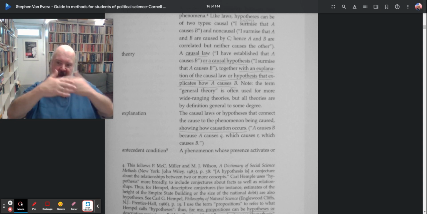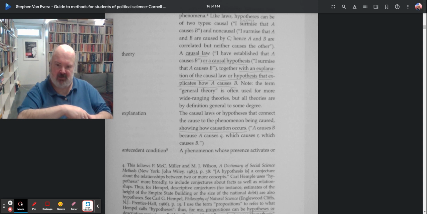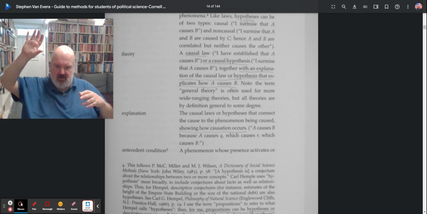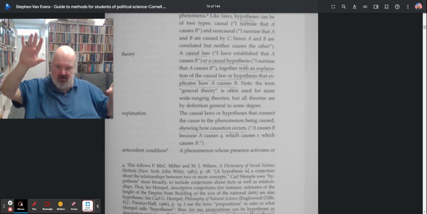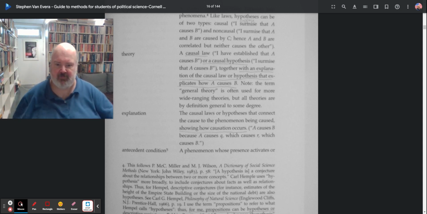Now, there might be a process that explains what it does, but it is another kind of causal law or hypothesis that connects the cause to the phenomena being caused, right? This being that to that.